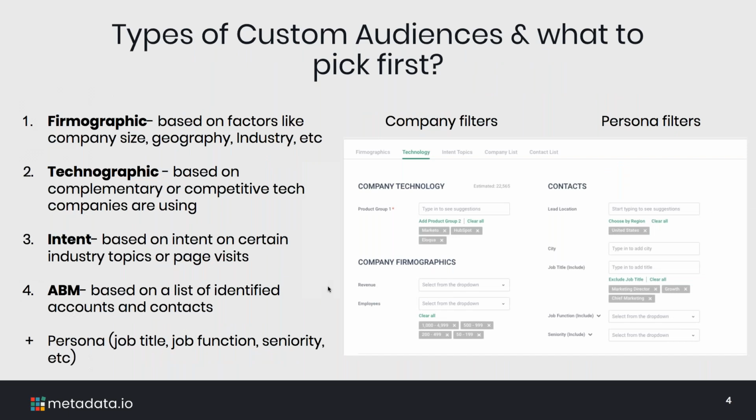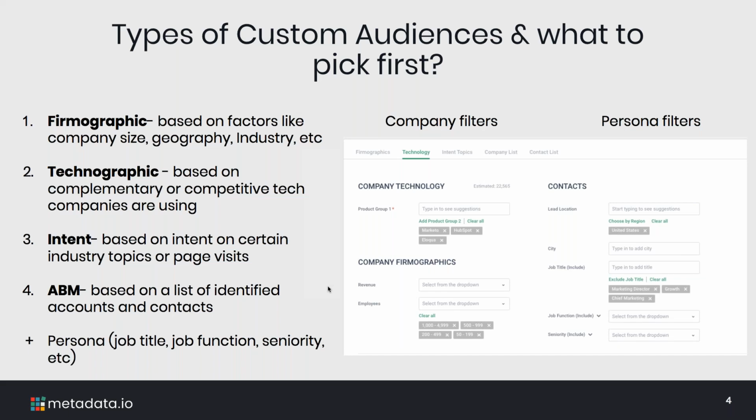So really there are 4 different types of custom audiences. First type is firmographic audience. A firmographic audience is essentially based on factors like company size or revenues. That could be in terms of number of employees or the company revenue, the company geography, what regions or countries the company is located in, and what different types of industries they operate in.